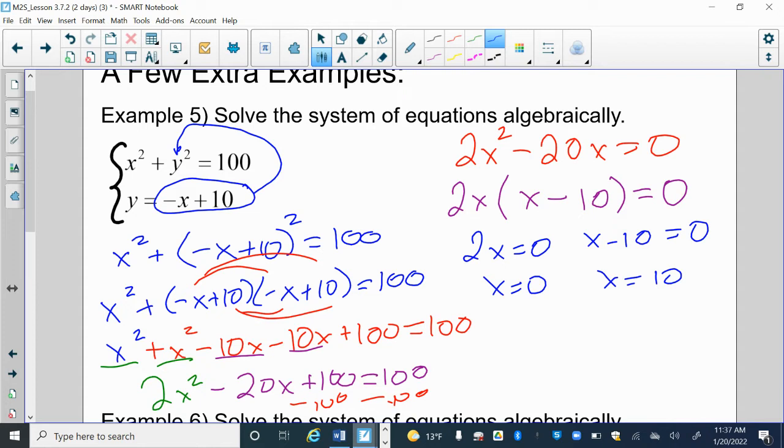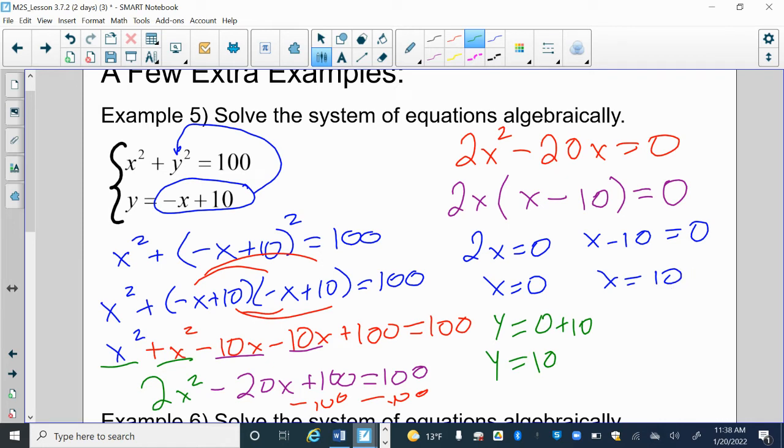We do have 2 intersection points between the circle and the line. Coming back to these original equations, remember we could substitute these x values into either of them and we'll get the same y value. So I would suggest picking the linear one. So we would say y equals negative 0, there's no such thing as negative 0, so just 0 plus 10. y equals 10.